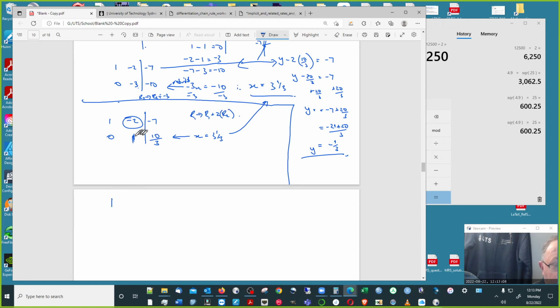Okay, 2 ones are 2. 2 minus 2 is 0, we did it. And finally, minus 7 plus 2 lots of 10 on 3. 20 on 3, minus 7, there it is, we're doing the same calculation. Minus 7 plus 20 on 3 is going to be negative 1/3.